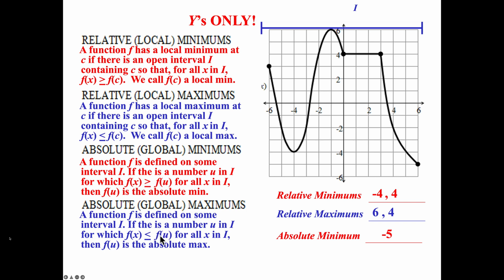Now it's going to be the biggest y-coordinate compared to the rest of the graph. So I'm at -1, 6, and that 6 is my absolute max, which means, yes, relative mins and maxes can be part of the absolute max and min. But again, only one possible answer. That's it.